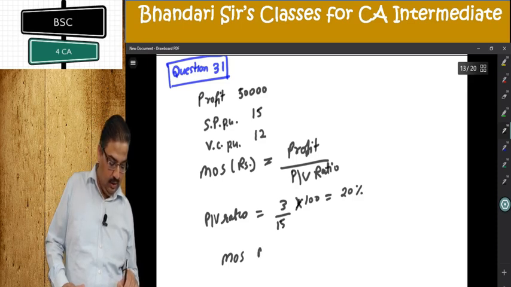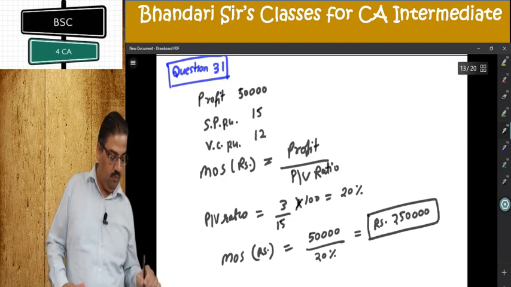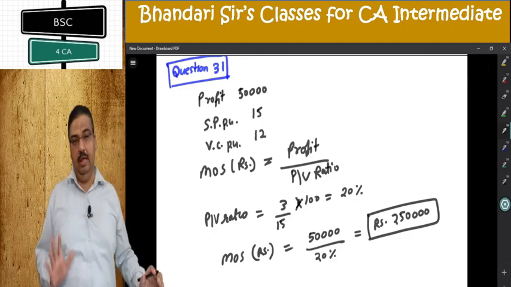So, MOS in rupees is 50,000 divided by 20%, rupees 2,50,000. Very, very simple 2-3 marks question in exam.